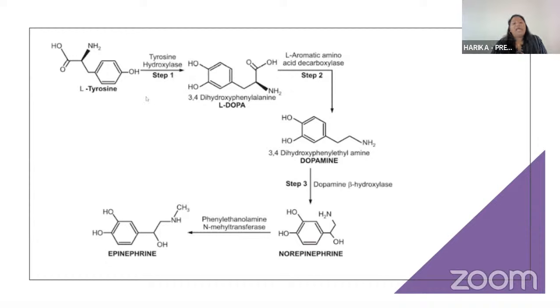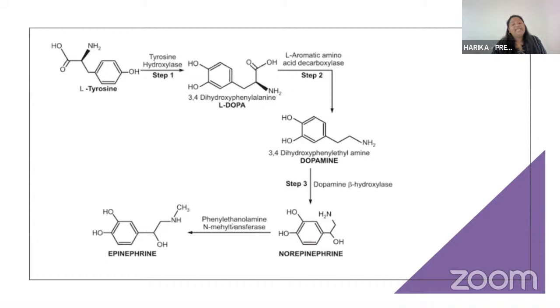So in presence of tyrosine hydroxylase it forms L-dopa, and this L-dopa in presence of L-aromatic amino acid decarboxylase converts into dopamine. This dopamine in presence of dopamine beta hydroxylase converts to norepinephrine.